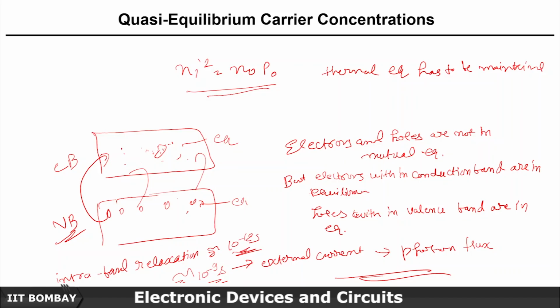So in such cases it is appropriate to use a separate Fermi function for each band, a separate Fermi function for the conduction band and a separate Fermi function for the valence band. Since electrons and holes are not in mutual equilibrium, they cannot be represented by a single Fermi function.